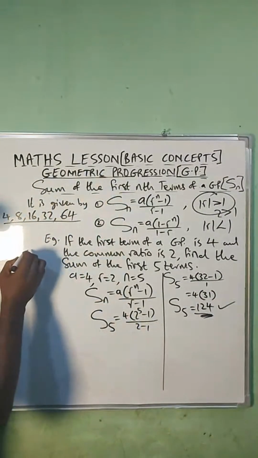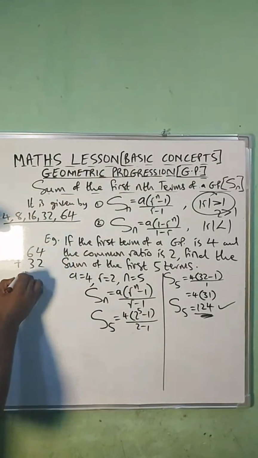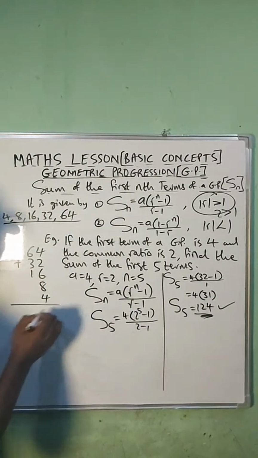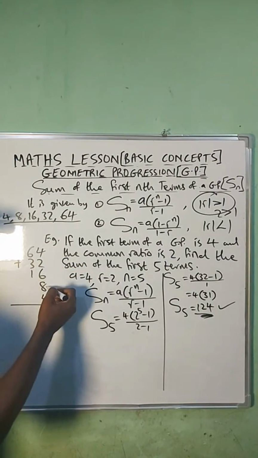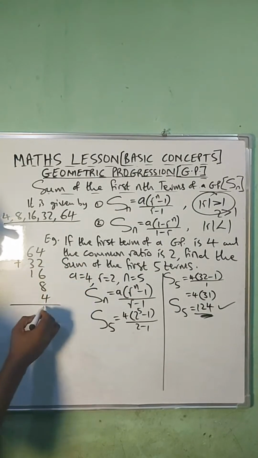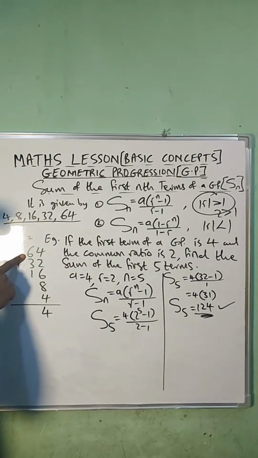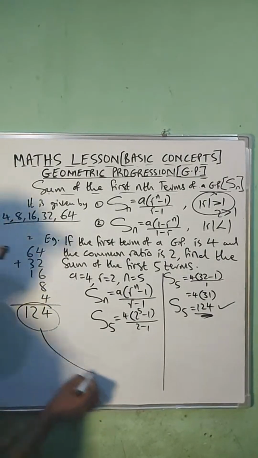So let's add: 64 plus 32 plus 16 plus 8 plus 4. 4 plus 8 is 12, plus 16 is 28... Adding column by column, 4 plus 2 is 6, 6 plus 6 is 12, 12 plus 8 is 20, 20 plus 4 is 24. You carry 2. So 2 plus 6 is 8, 8 plus 3 is 11, 11 plus 1 is 12. So this is it.